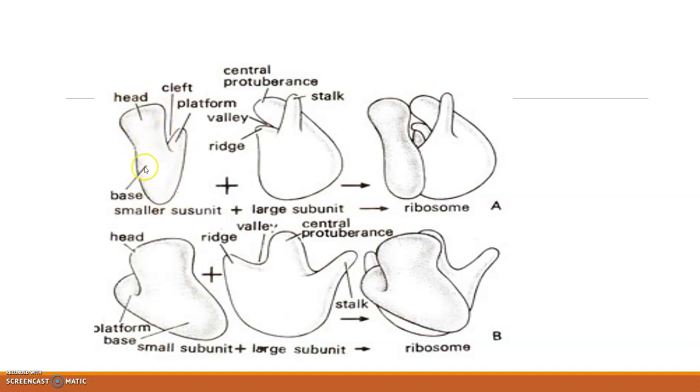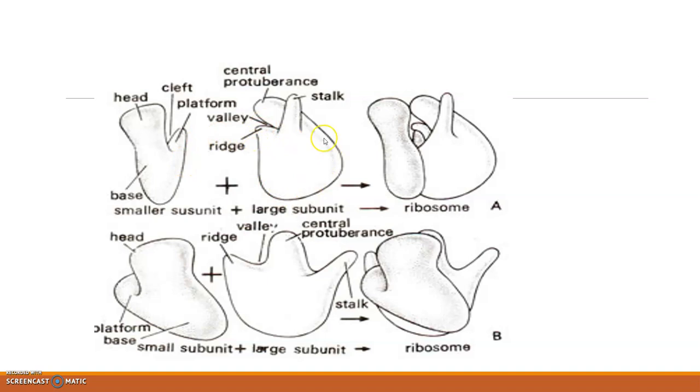We have a small protrusion here, called the platform, and the region here is called the cleft. So it has a base, a head, a platform and a cleft.